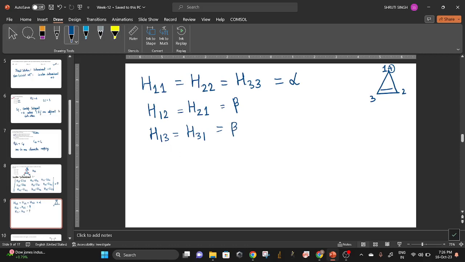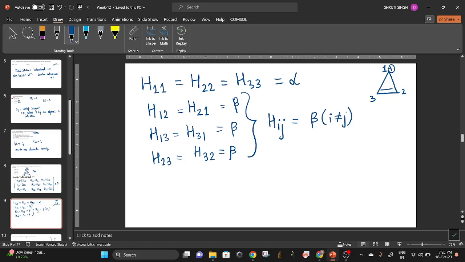So H23 equals H32 equals beta. So I can write Hij equals beta for i not equal to j. Similarly, the overlap integral Sii will be equal to 1.